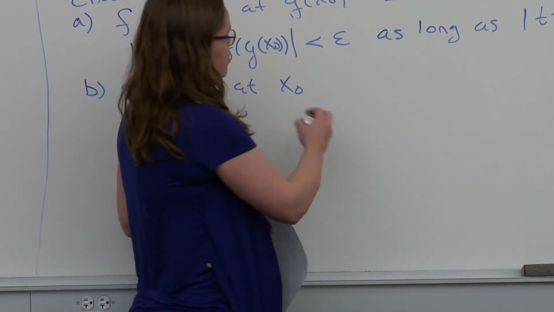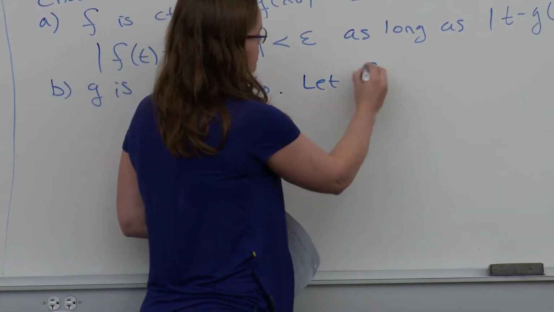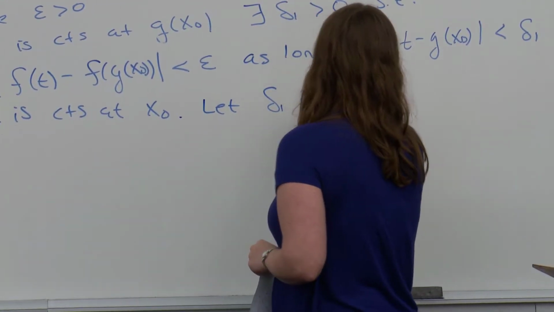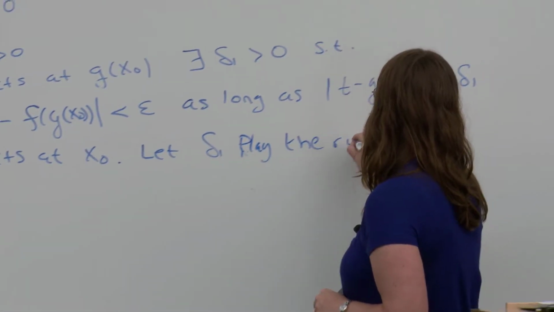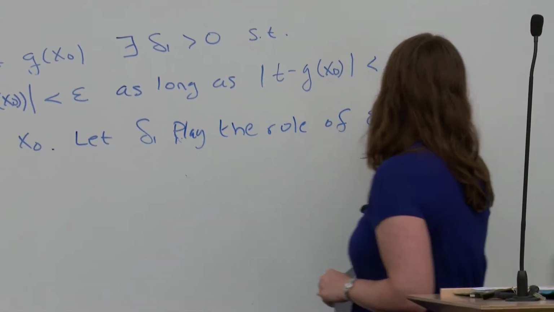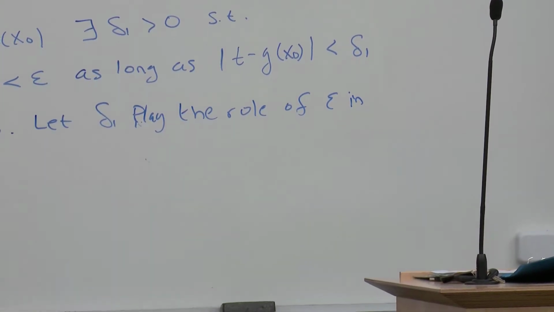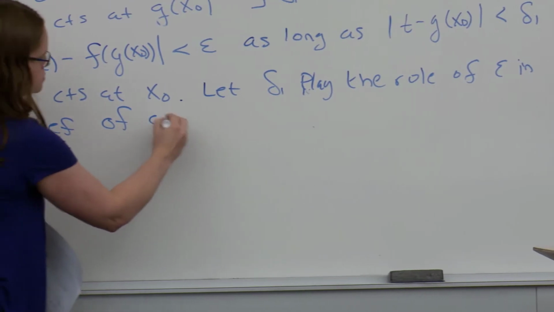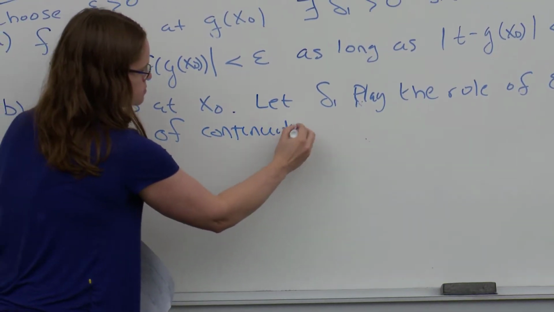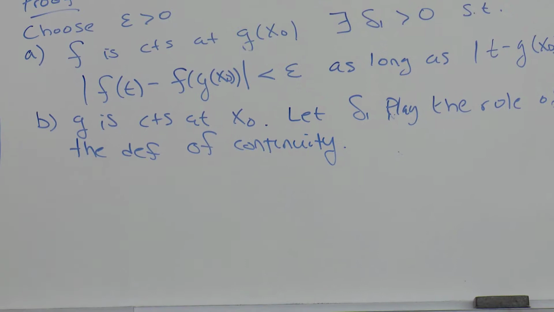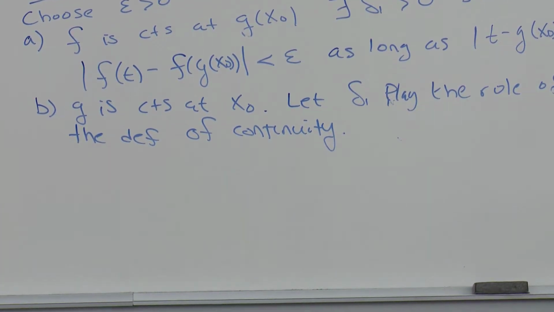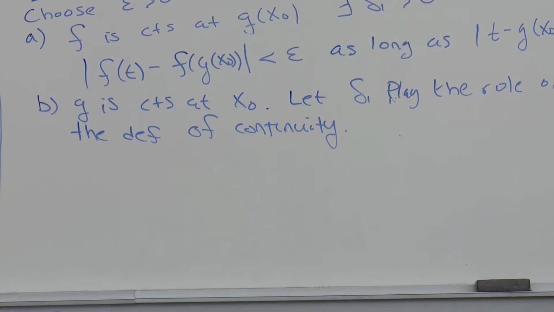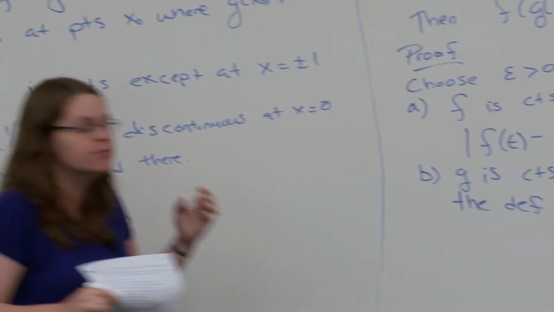So what I'm going to say is, let's let delta 1 play the role of epsilon in the definition of continuity. It doesn't matter if I rename things, right? The theorem is true regardless of what I decide to name things in the theorem. The definitions are the same definitions regardless of how I choose to name things.